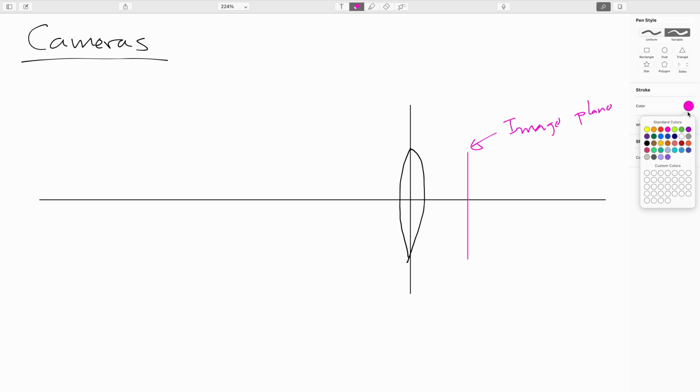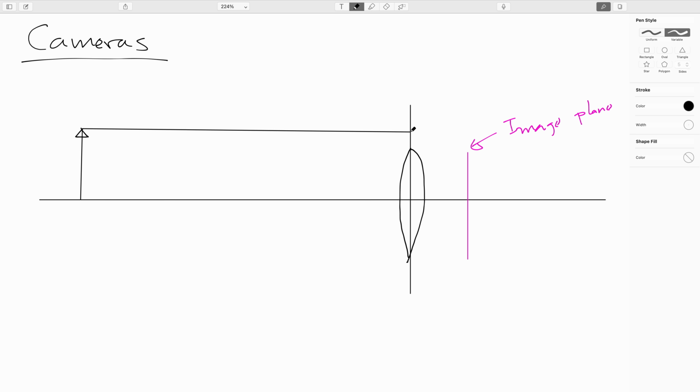Either way, when you use a camera, you're apt to want to be able to look at many different distances. It would be very rare if you only wanted to look at one specific distance. So we can draw a whole bunch of rays coming off here.